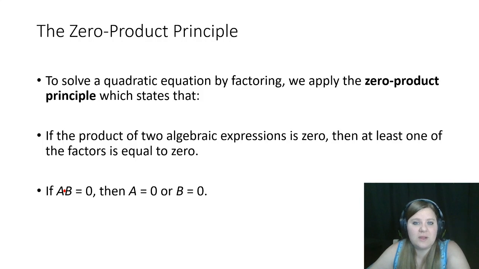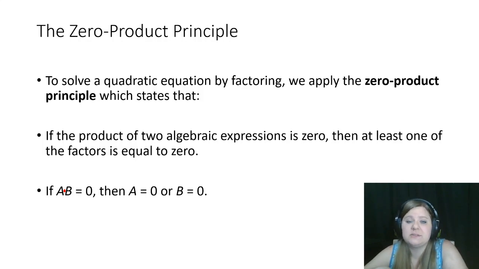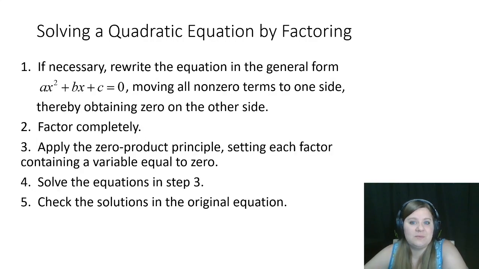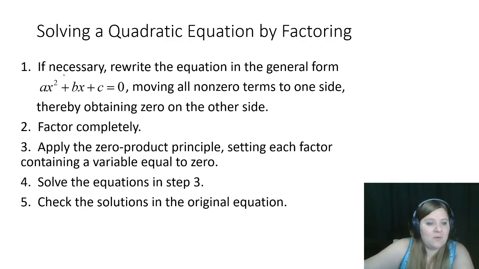Has to be true. If a doesn't equal 0, then b would have to equal 0, or else it just doesn't work, okay? So the zero product principle, or sometimes you'll hear it called the zero product property, means that when you multiply two numbers and they equal 0, one of them has to be 0. Okay, so when we solve equations by factoring, we're going to first make sure that it's in this format.